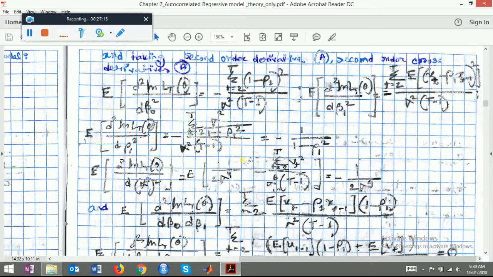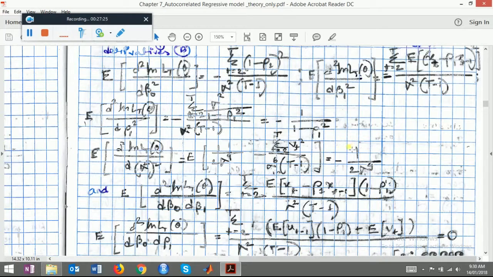This is probably what you are left with, because we are talking about the expectation of v squared, and the expected value of the residual is 0. So the whole thing is 0, and we are left with this.